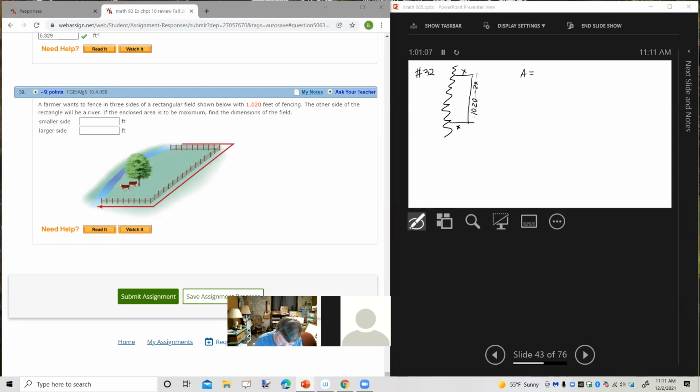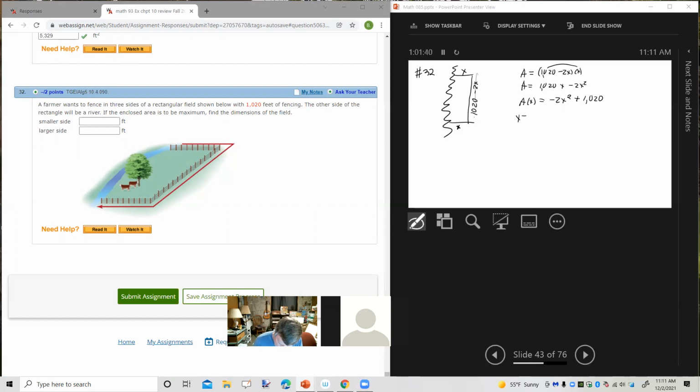So the area would be 1,020 minus 2x times x, which is 1,020x minus 2x squared. Again, I'm going to write it as a function and put it in descending powers of the variable. And we're looking for the dimensions. So I need to find x.